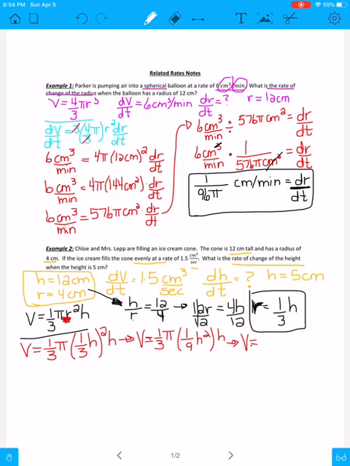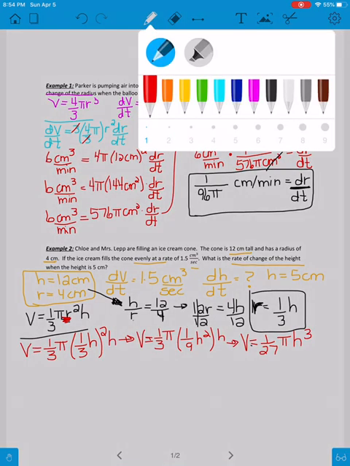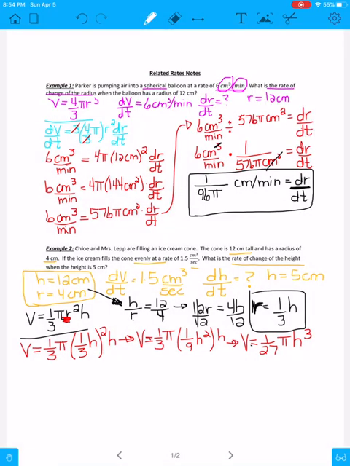If I put it all together, V equals 1/9 times 1/3, I can put at the front, 1/27 pi h cubed. And now the formula has no r's in it, so I can find the derivative of it. And I don't have to use product rule.